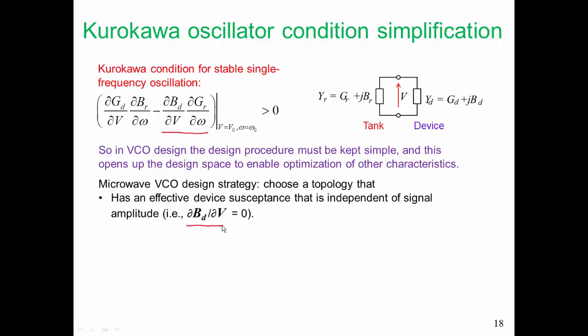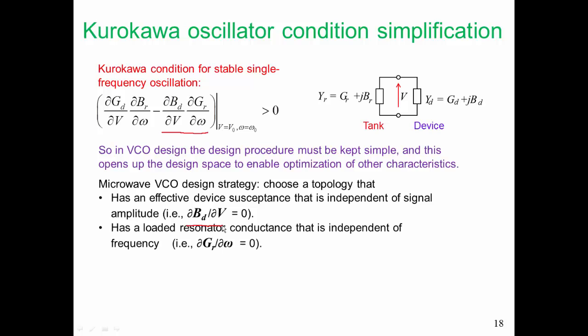For one, we have nonlinear capacitors in our transistor model which vary with voltage amplitude. Now that is not enough. We must look at our loaded resonator and make sure that the conductance is independent of frequency. And so we're going to set dGr/dω equal to 0. If we're at fairly low frequencies, that is what we would achieve. But think of what our tank circuit is going to be.